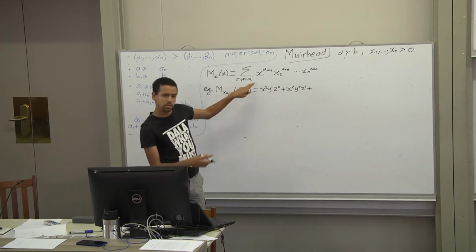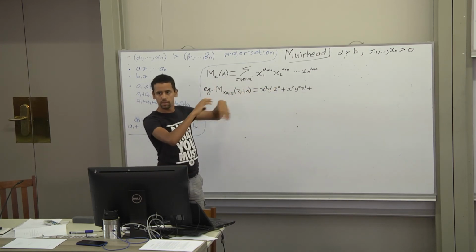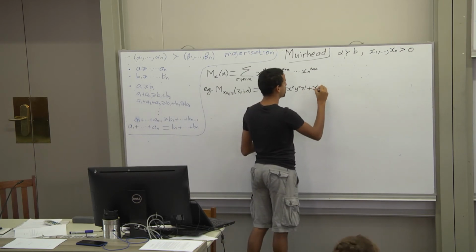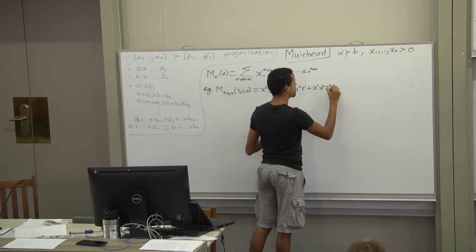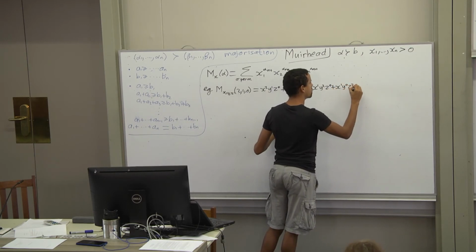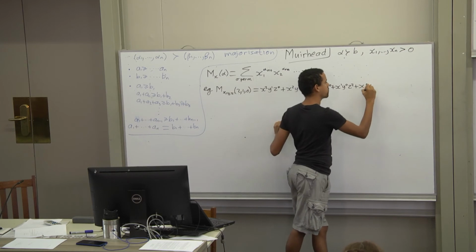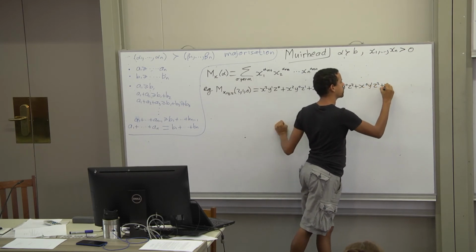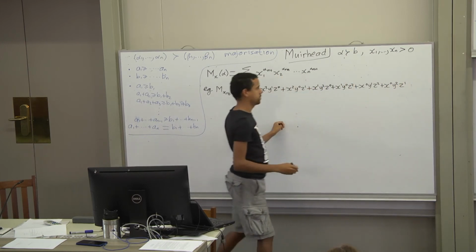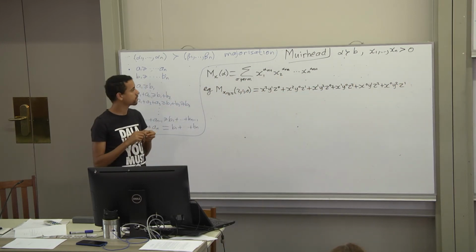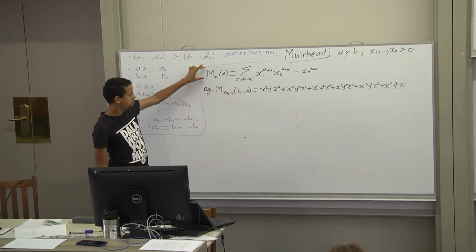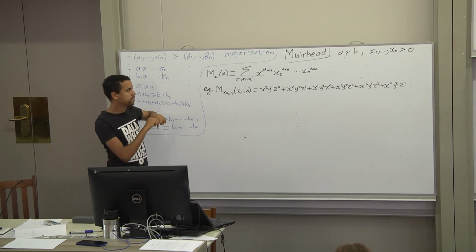So the exponents are permuted and we sum over all possible permutations. That is the Muirhead sum.